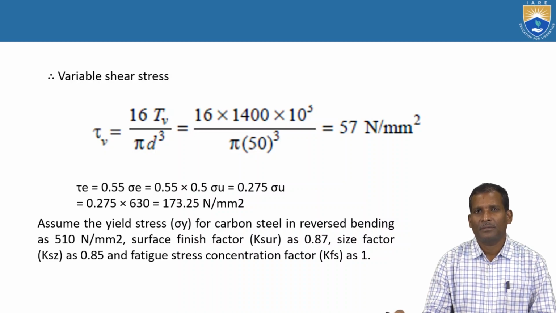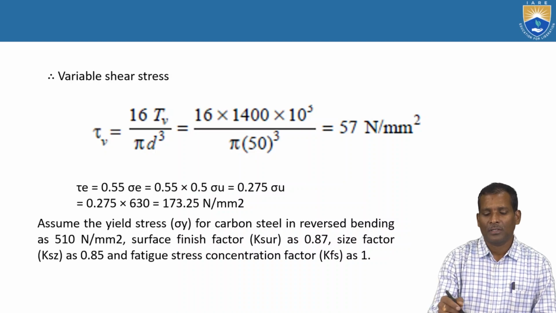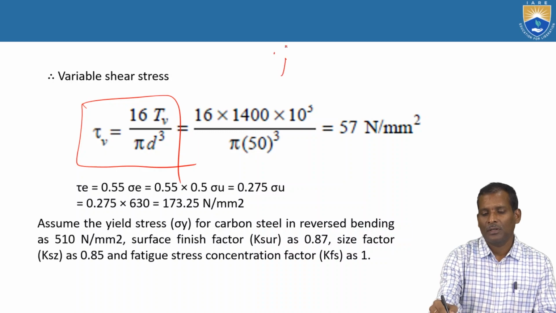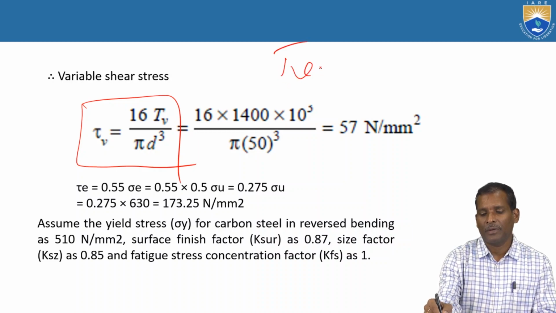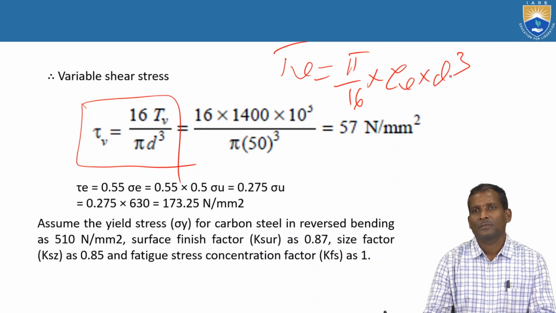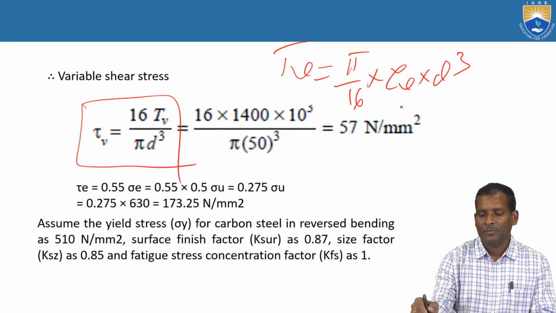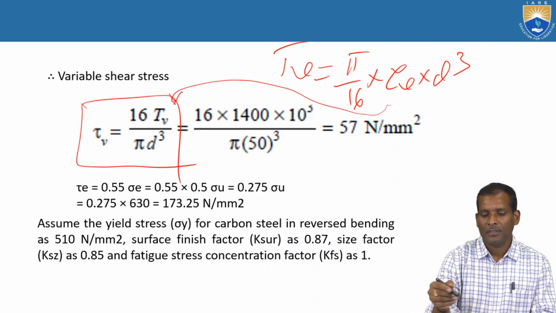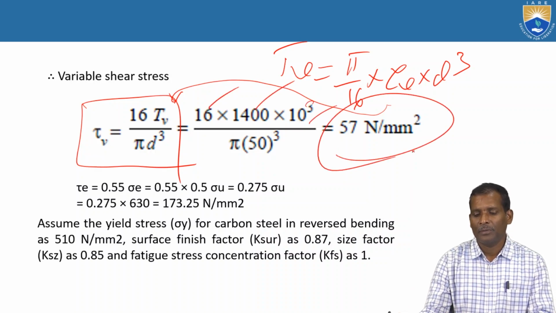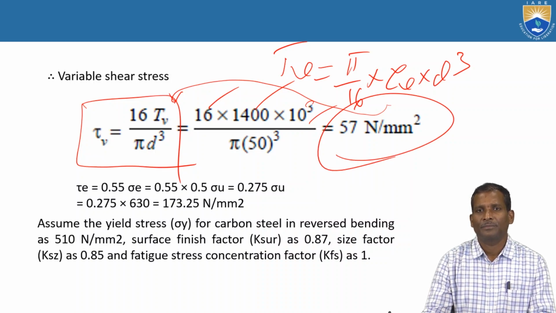Immediately calculate the variable shear stress using the torsion equation: T variable is equal to pi by 16 into tau variable into d cube. Substituting all values, you will get 57 Newton per mm square.